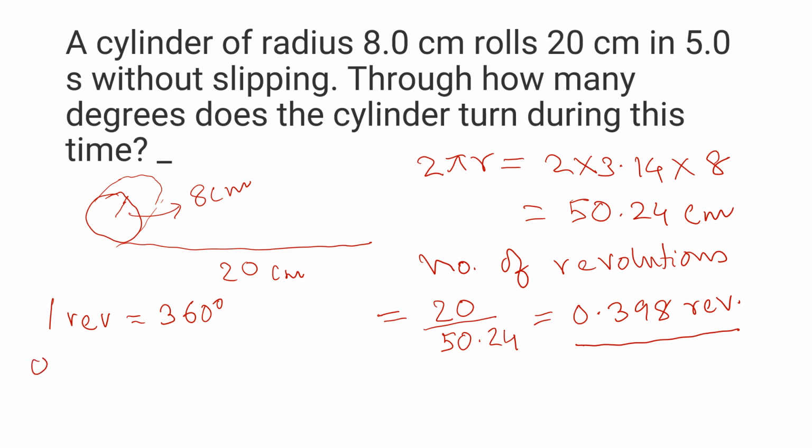So if it is 0.398 revolutions, it's going to be 360 times 0.398. And if you multiply that, that is going to be 143 degrees approximately. So your answer is going to be 143 degrees.